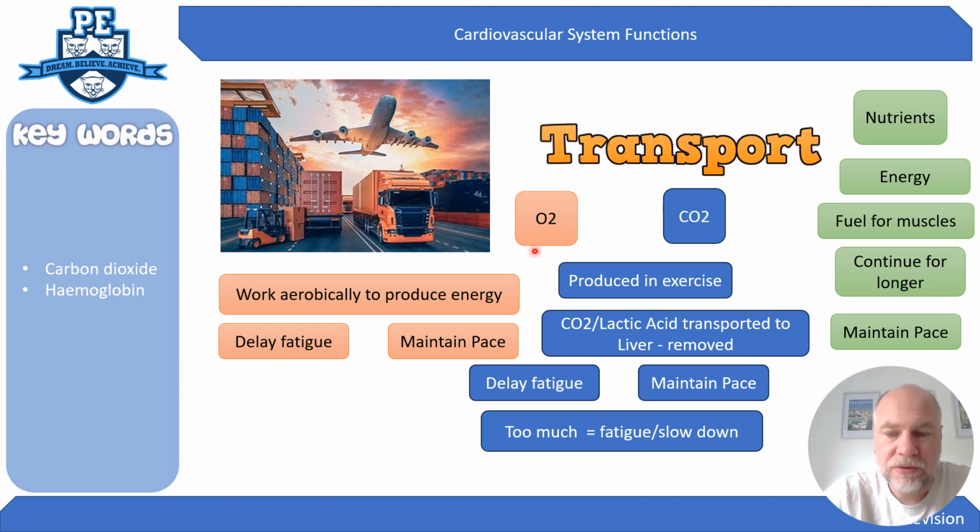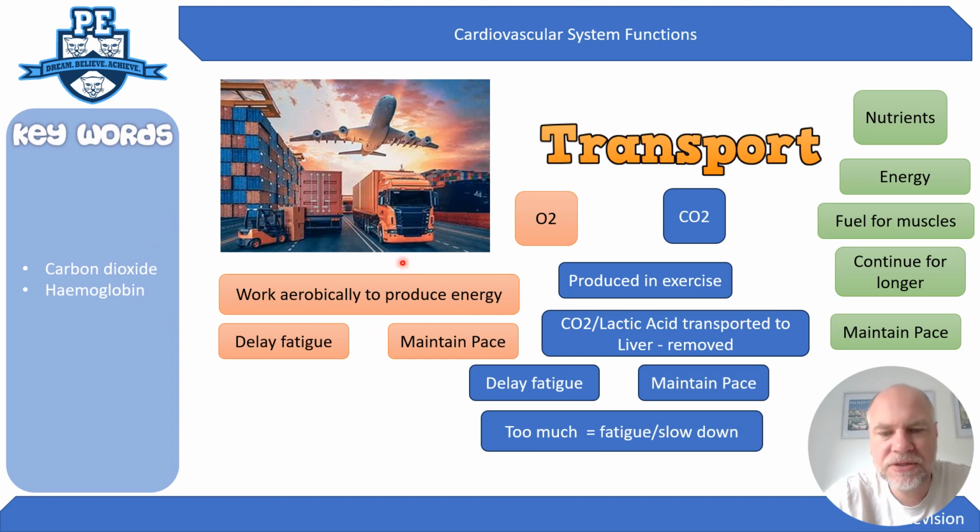A common thing we need to remember, and it's always a useful point to put in your answers, is that it transports oxygen to the working muscles. This allows us to work aerobically and produce energy, and those of you who do science will know that that is called respiration, the process of creating energy on a cellular level. That happens at our muscles, and we need the oxygen to produce that energy.